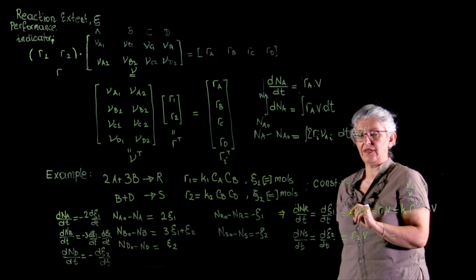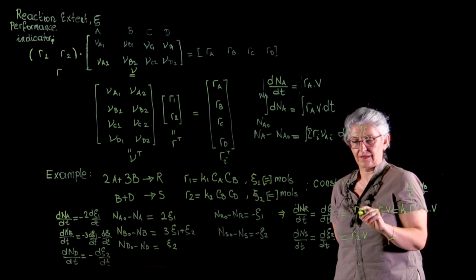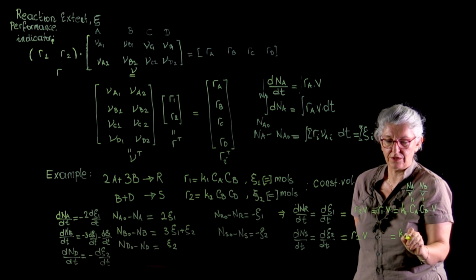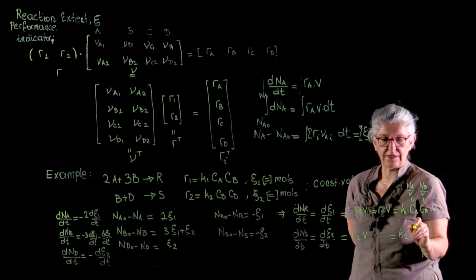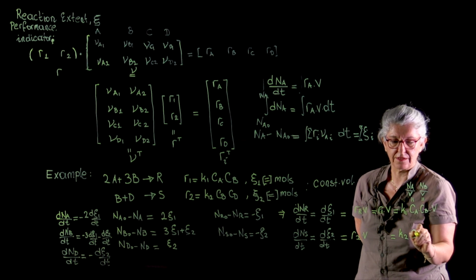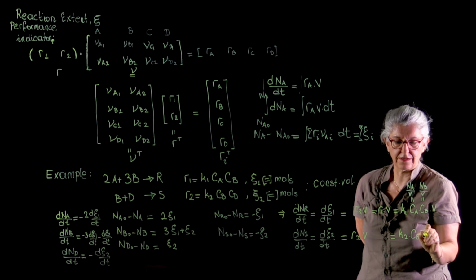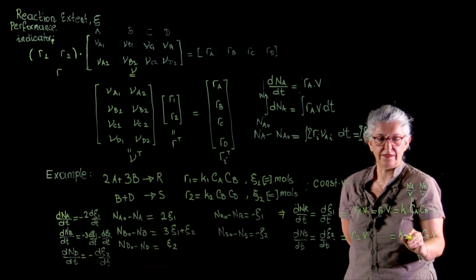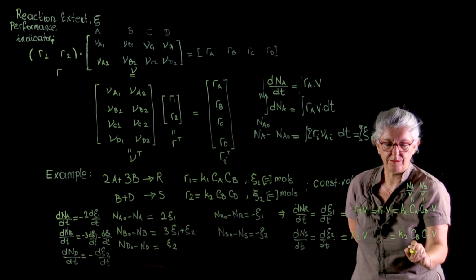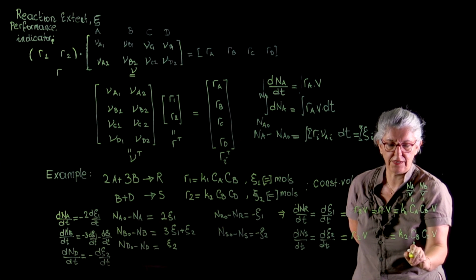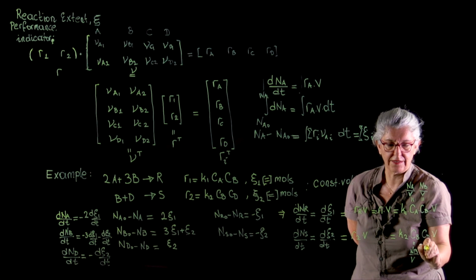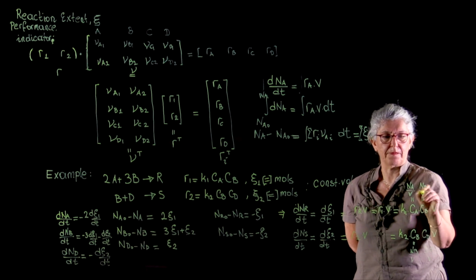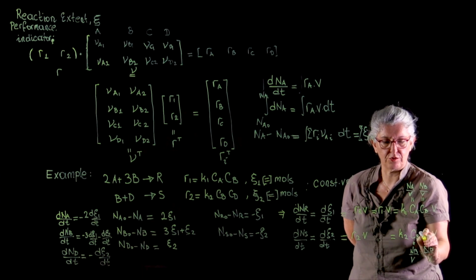Let's write for S for completeness. This is K2 times Cb Cd times V, and this is Nb over V, and this is Nd over V, to be substituted.